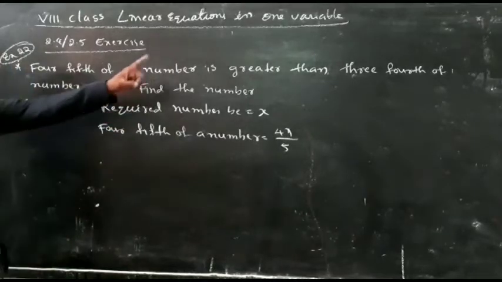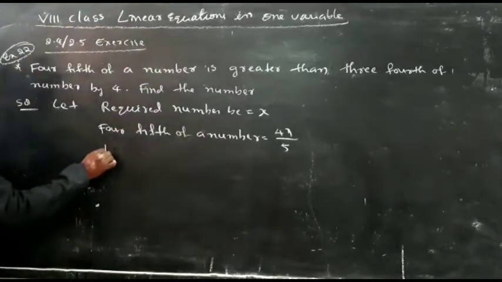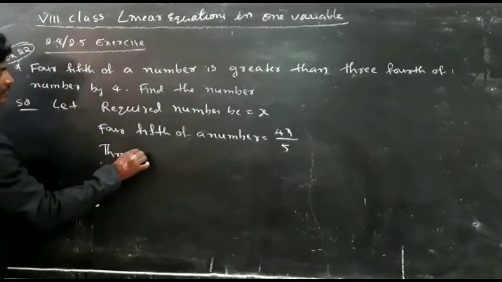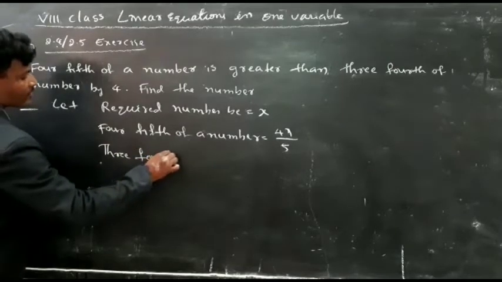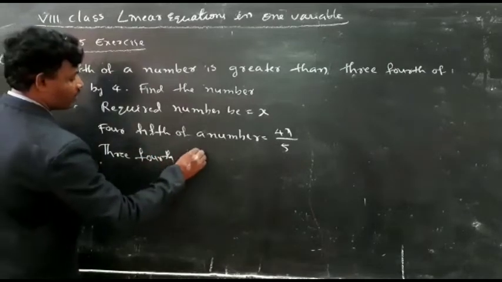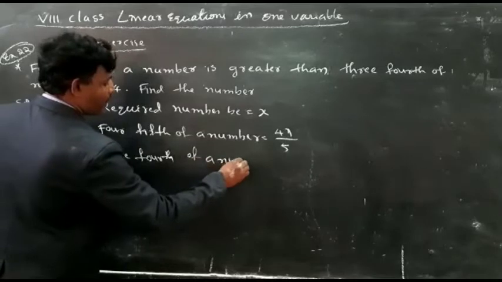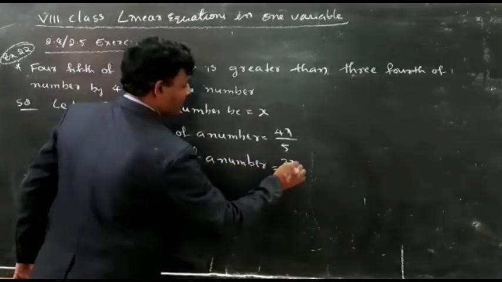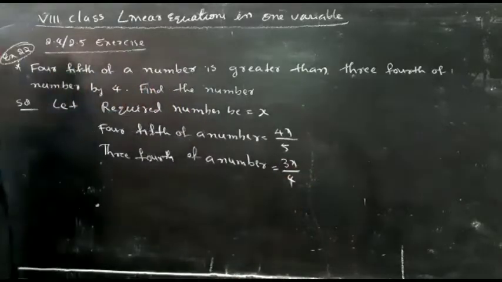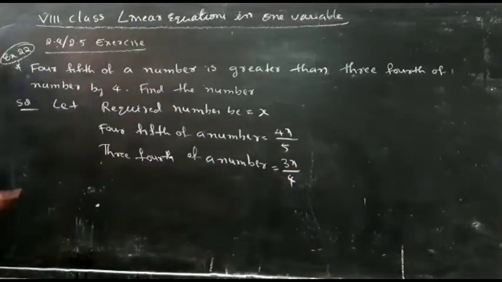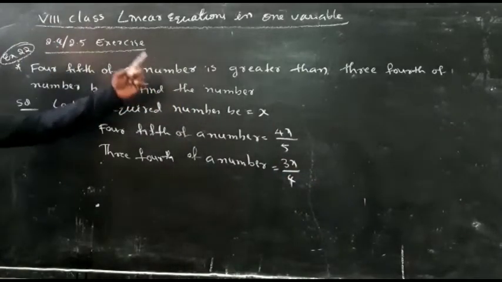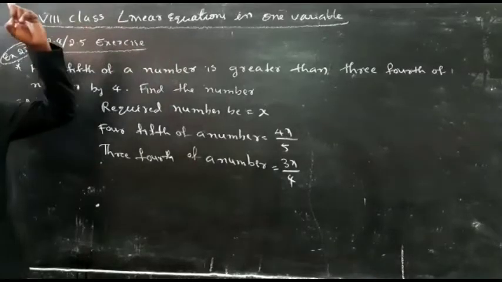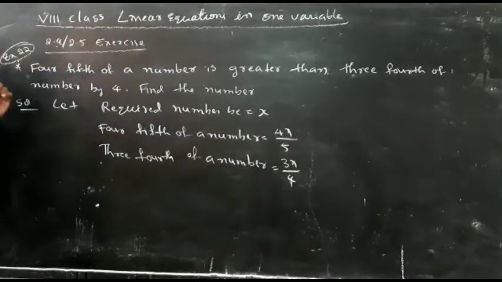Next, 3/4 of a number is equal to 3x by 4. As per the data, 4/5 of a number is greater than 3/4 of a number by 4.